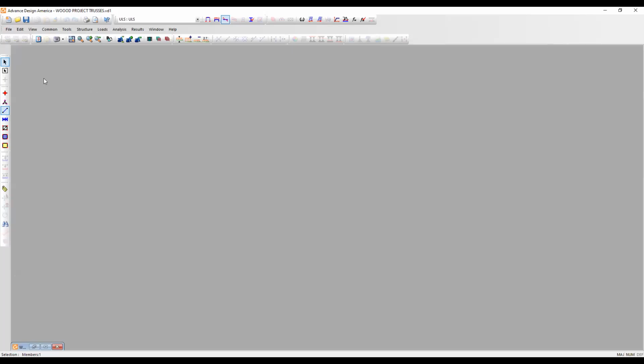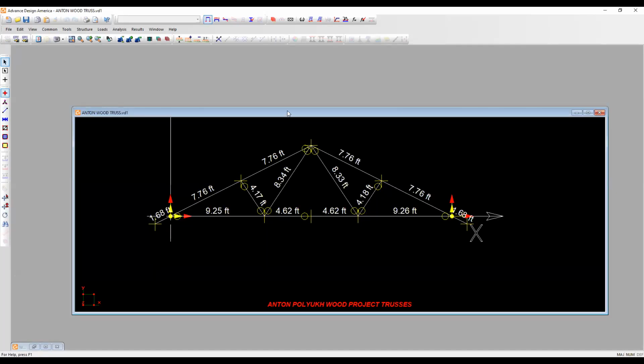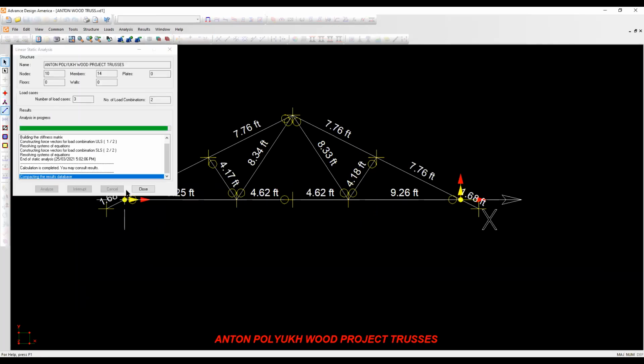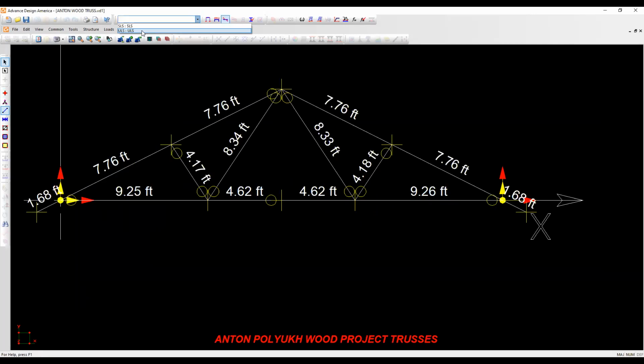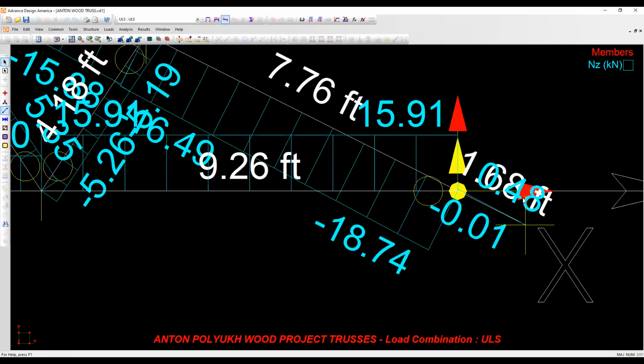I'll open this file right now. Here, for some reason, my result is completely different. Just analyze it. And here I get 5.51. I don't understand why.